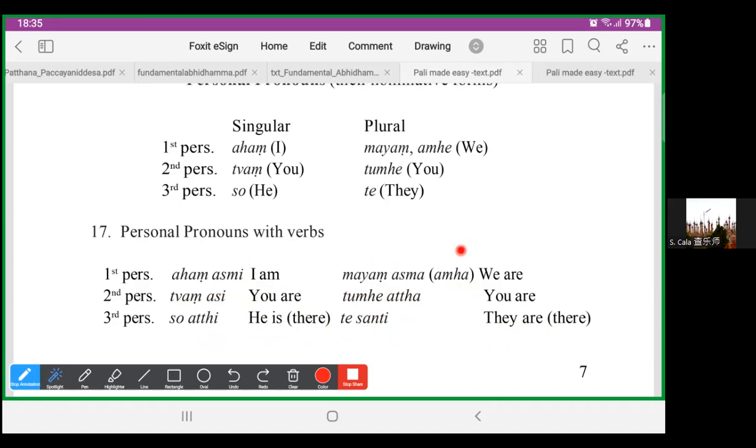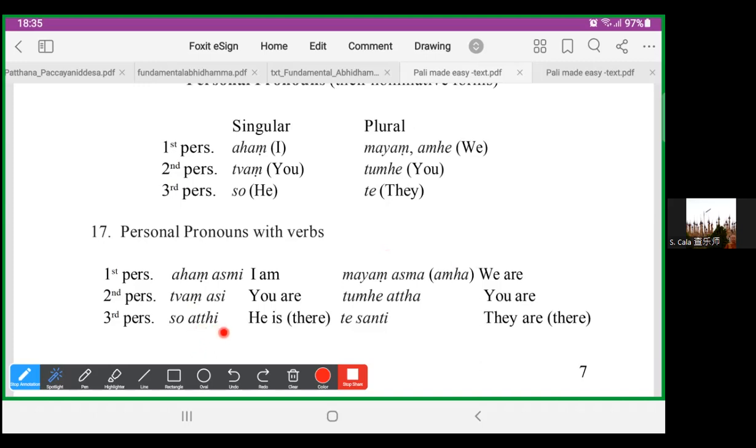Okay, somebody. Jenny, call another name. Siu Moy, Sister Siu Moy. Okay. So, ati, te santi, tuam asi, tumhe atha, aham asmi, mayam asma, or mayam amha. Okay, so how do you read this again?